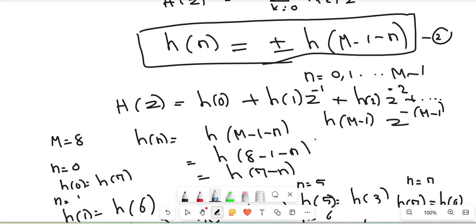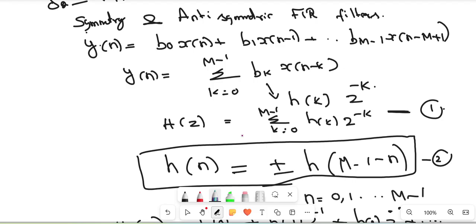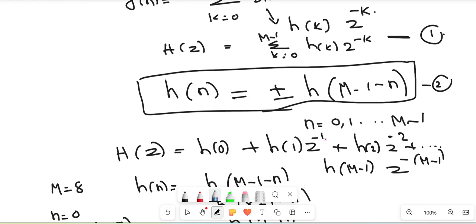So, if you see here, in the filter, three elements play a vital role: one is the summer, the multiplier, and the unit delay element. If you see the realization, finally we can realize the filter with h of 0. This is the summer, this is the unit delay element. The three elements of the filter design are the adder, the multiplier, and the unit delay element.